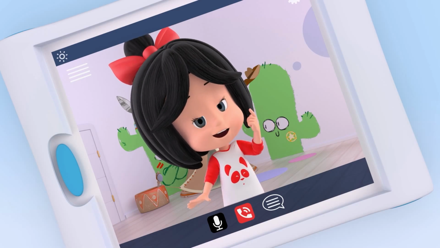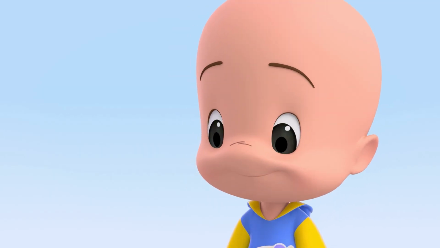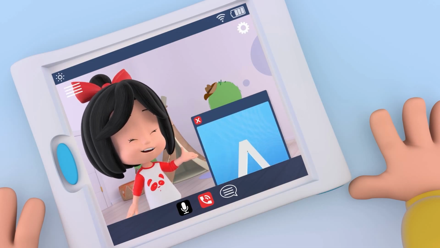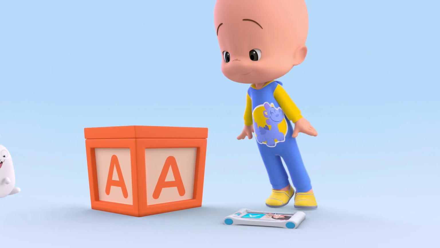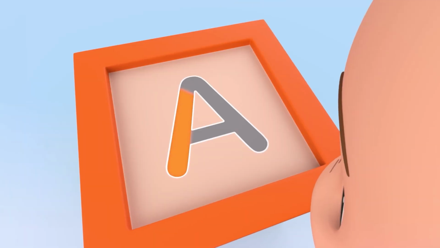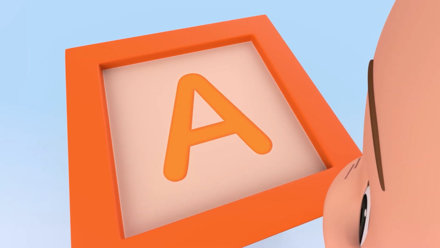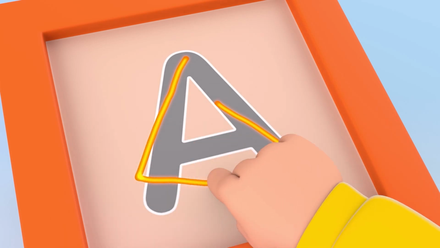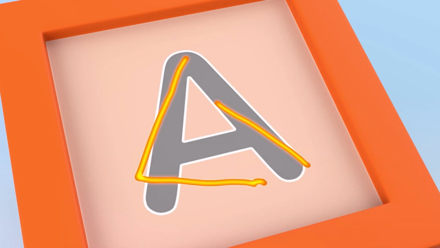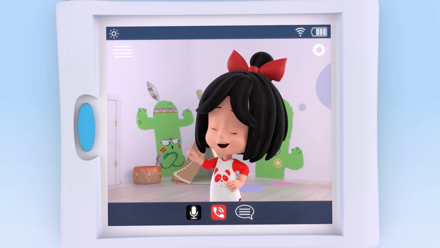Animals. Do you want to see them? To know which animal starts with the vowel A, you need to write it down. A. Try again.